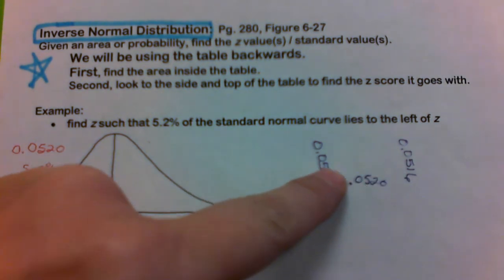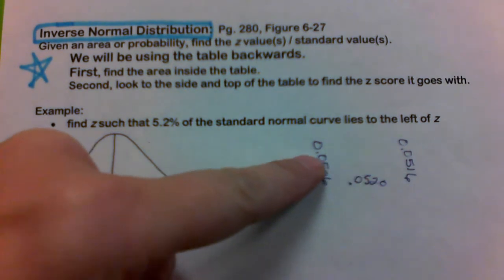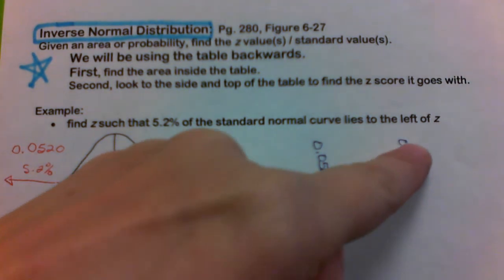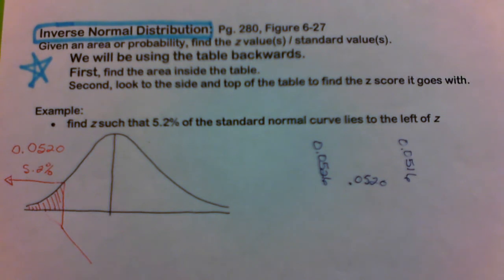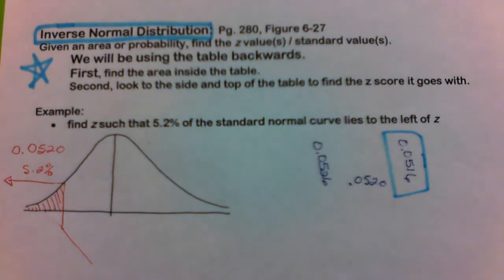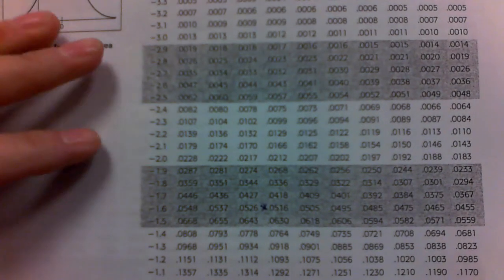Such as if I subtracted these two, the difference in these two is 0.0006, and the difference between these two is 0.0004. So it tells me that it falls closer to this one, so that is the Z value that I'm going to use. So I go back to my table.